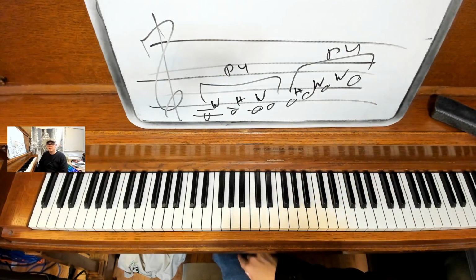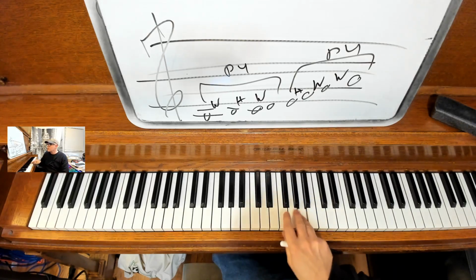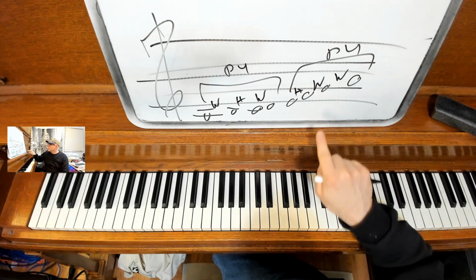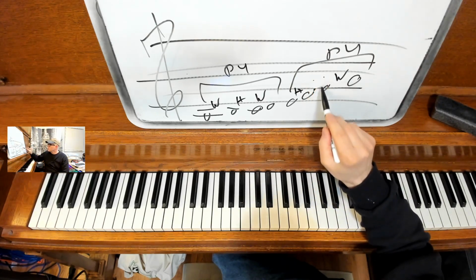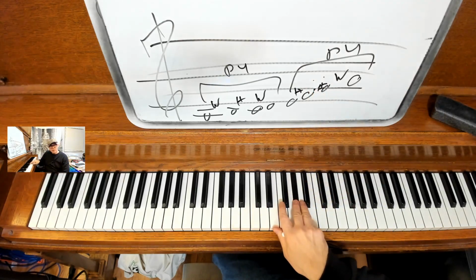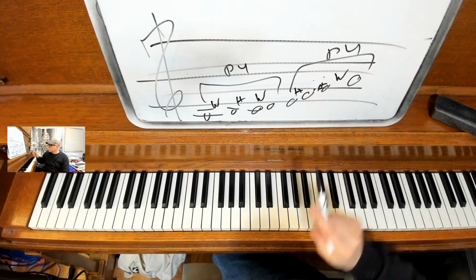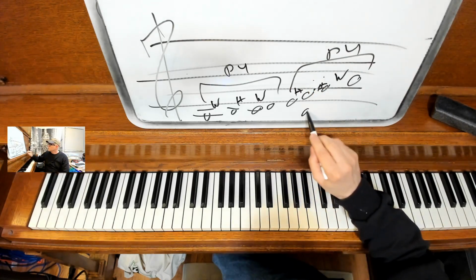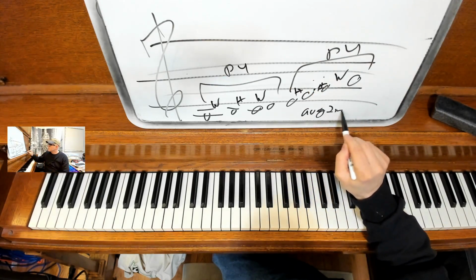The pie crust is the same, but the filling is a little different. That's what makes the natural minor scale. If I made this note, rather than G natural, G sharp, that interval changes from a whole step, from a major second, to an augmented second.